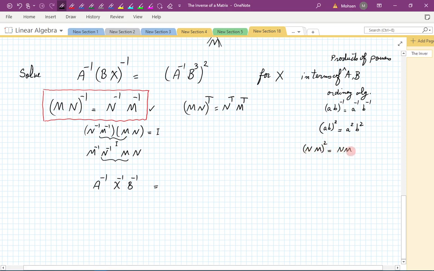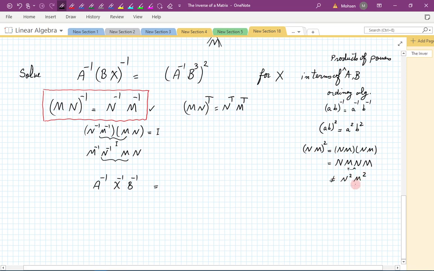It is NM times NM. Now you want to write it without writing parentheses, that's fine. The thing is that these two do not exchange their place. You cannot play hopscotch with the matrices. So you cannot write this thing as N squared M squared.